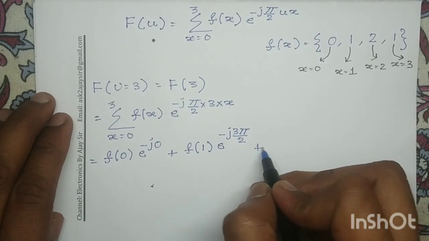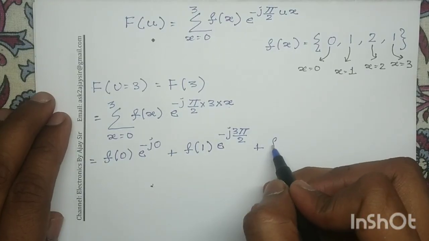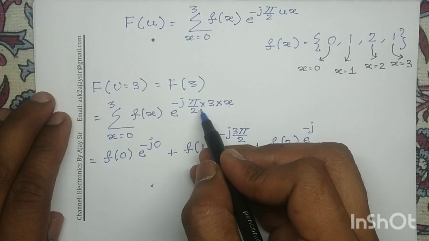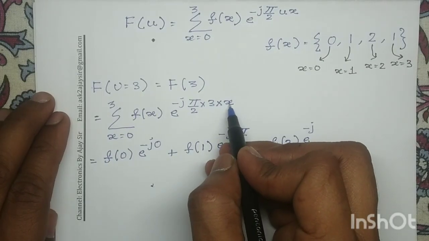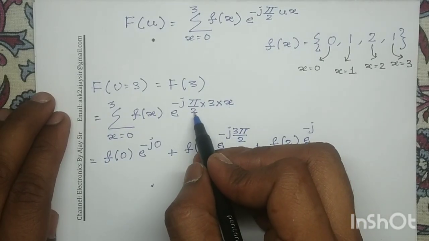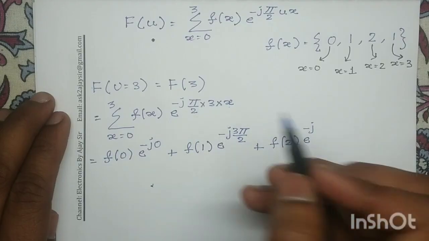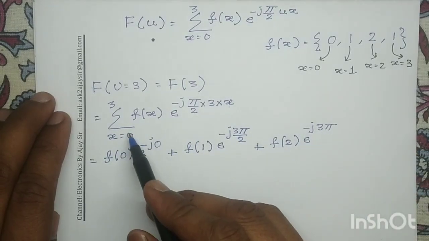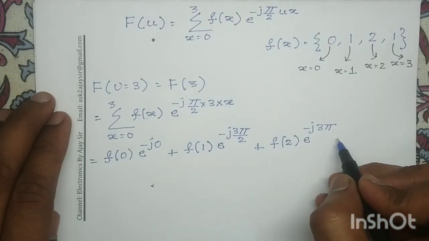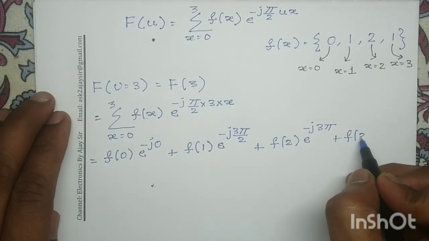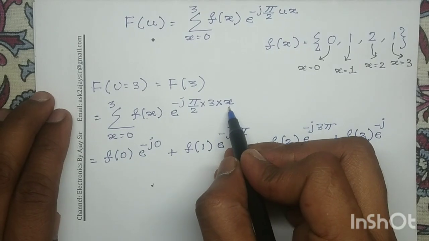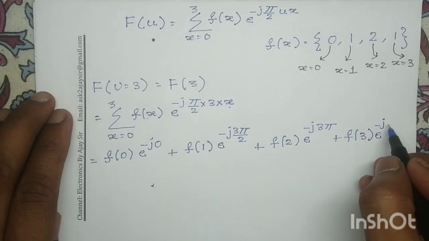Next, for x equals 2, this term becomes f of 2 e to the power minus j, and in place of x substituting 2, the 2 and 2 cancel out, it becomes e to the power minus j 3 pi. And lastly, for x equals 3, this term becomes f of 3 e to the power minus j 9 pi by 2.